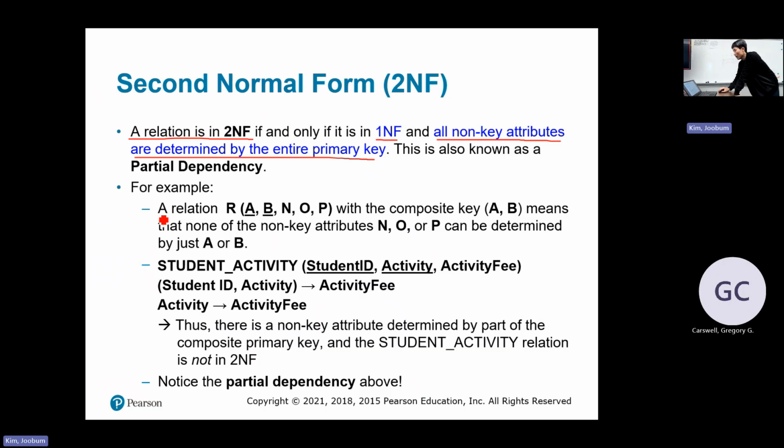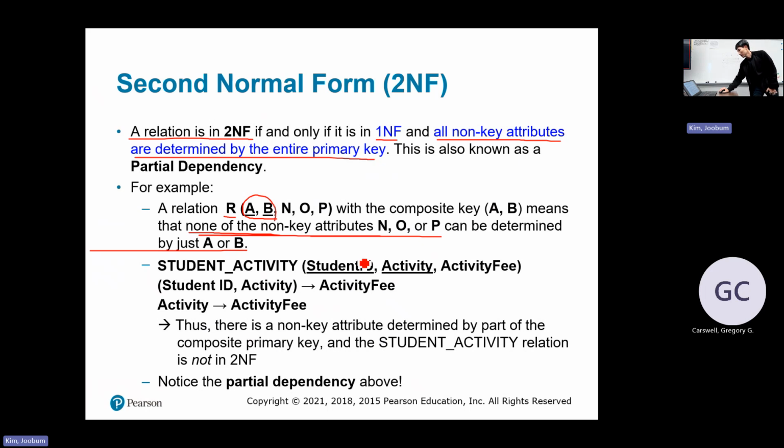If we have a relation called R, capital R, there are how many columns? 5 columns: A, B, N, O, P. The primary key is a composite primary key consisting of A and B. Then none of the non-key attributes N, O, or P can be determined by just A or B. For a specific example, student activity is a relation.